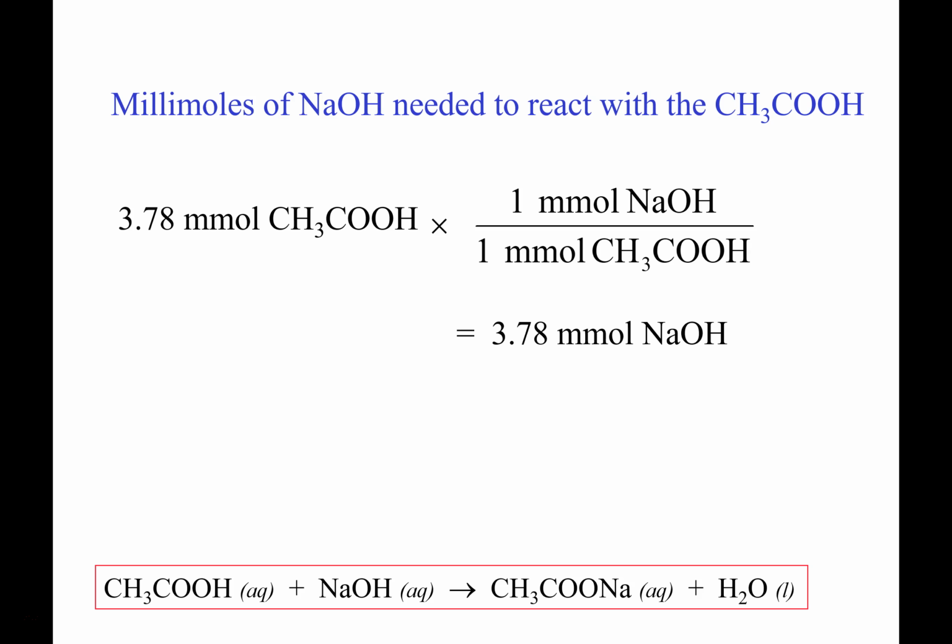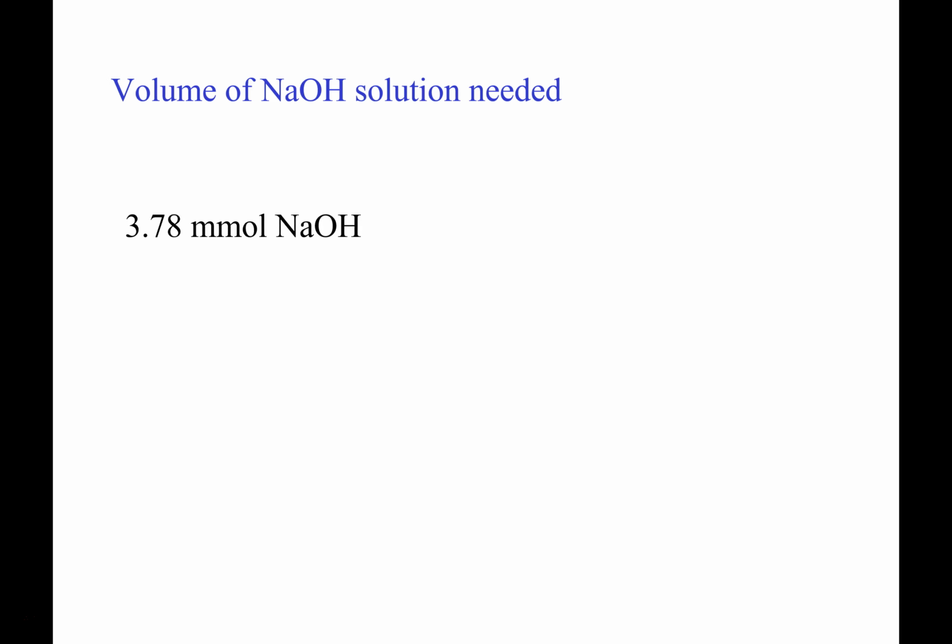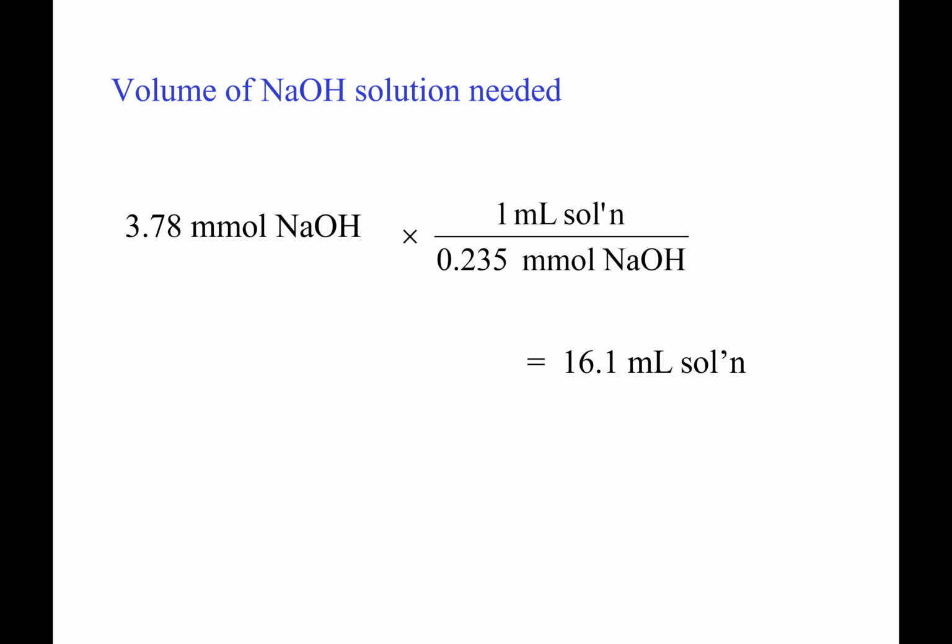So now we use those millimoles and the molarity to get to volume. 3.78 millimoles over 1, and we have to use the flipped version of the molarity, 1 milliliter over 0.235 millimoles. Giving ourselves 3 sig figs, you're looking at 16.1 milliliters.